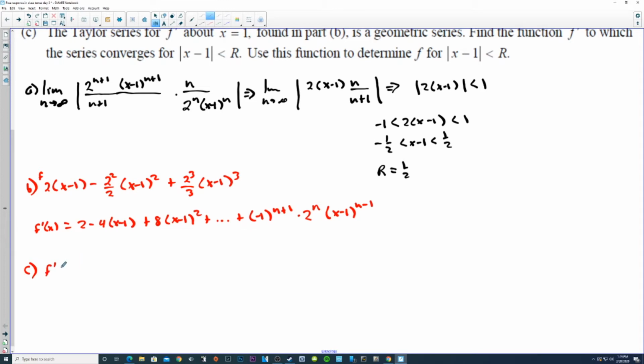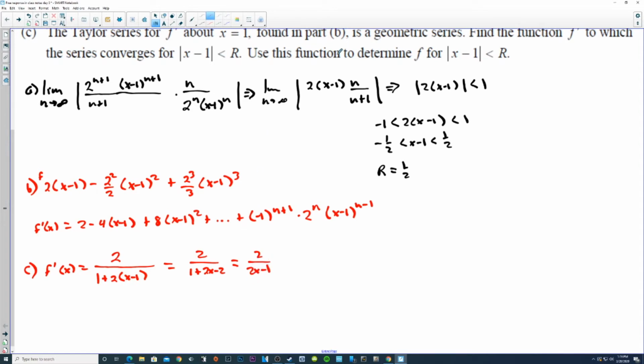So f prime of x is equal to, we have a sub 1, which is 2 over 1 minus, and it's going to be a negative, so let's go plus, and r is 2 and x minus 1. That's 2 over 1 plus 2x minus 2. That's going to be 2 over 2x minus 1.